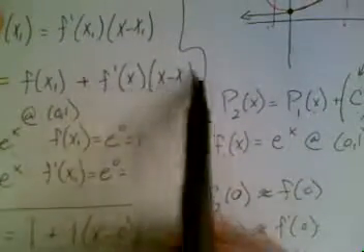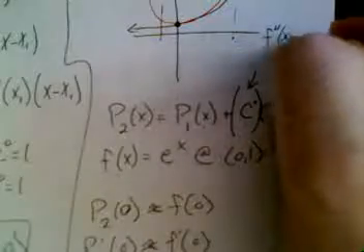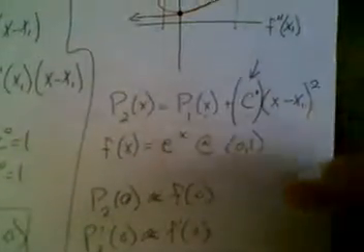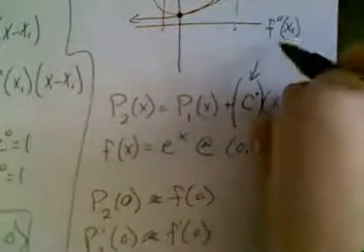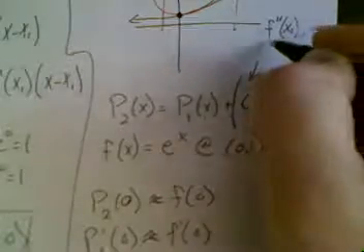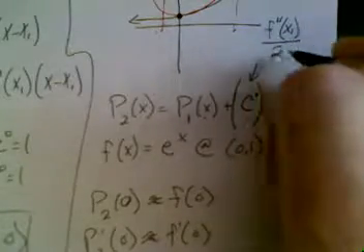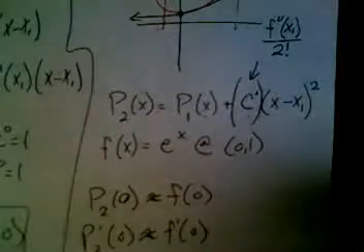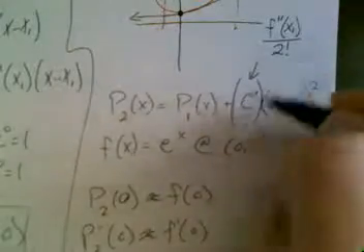I have a linear term with a first derivative. This is now going to be a quadratic. It's going to be the second derivative at that point. But there's also an extra piece involved, and to make that piece appropriate, I have to divide by 2 factorial. That's the constant value that goes here.